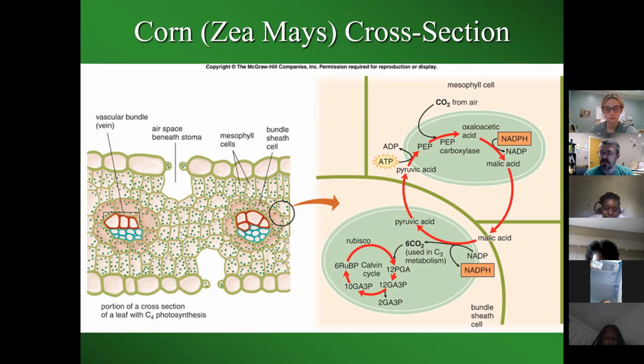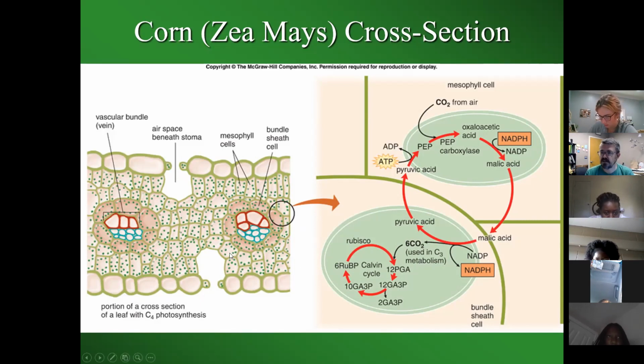Well, you take that carbon dioxide and you concentrate it so that you get large amounts of it, but in small areas. And in this case, the small area is the bundle sheath cell. So you have more carbon dioxide than oxygen there. And so you do the second half of photosynthesis in the bundle sheath cells, and you do the first half of photosynthesis in the mesophyll cells that are just out and about.